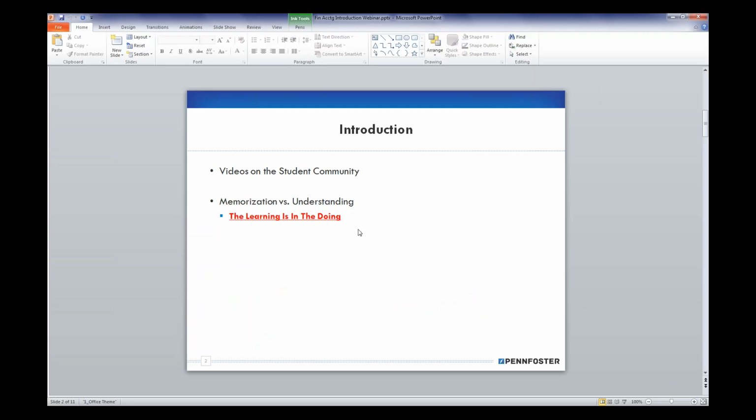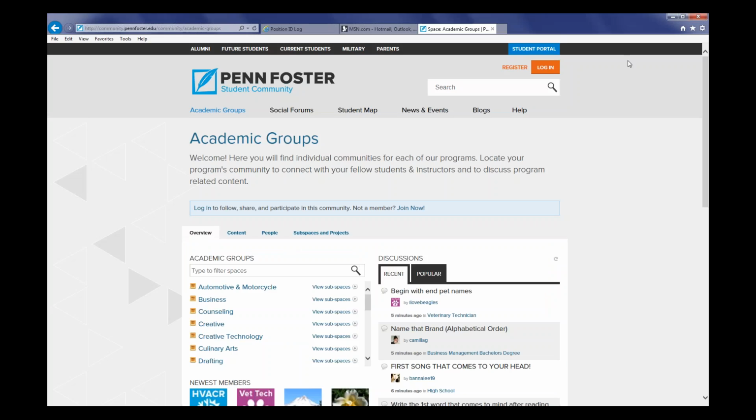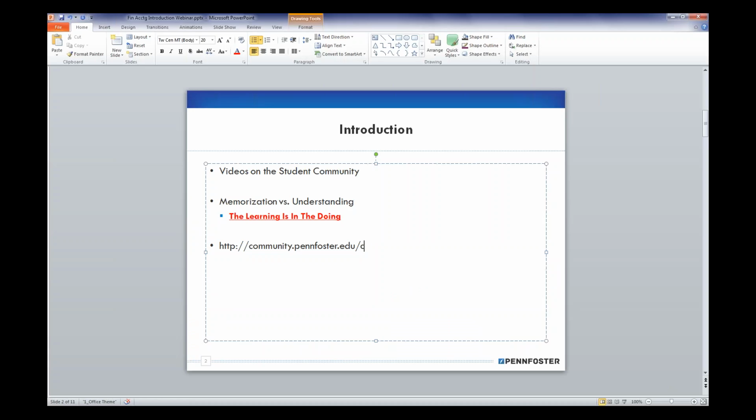I just changed to my PowerPoint slide. And in the PowerPoint slide, I'm going to type in that web address: http://community.pennfoster.edu/community/academic-groups, and then hit enter.